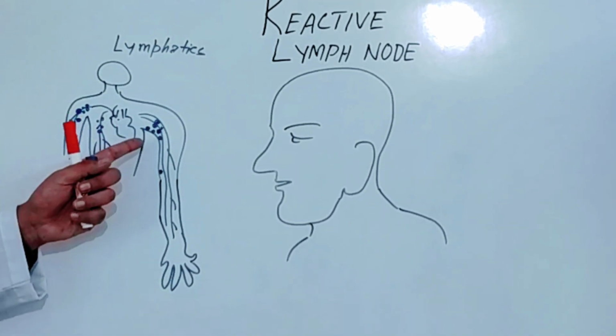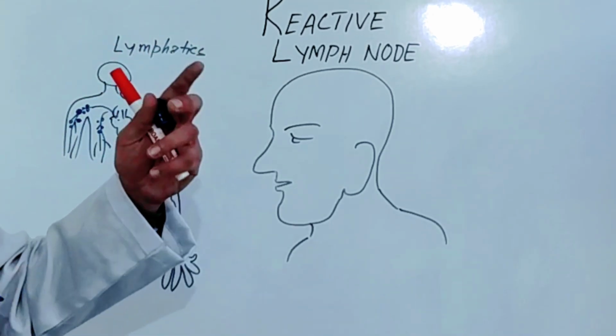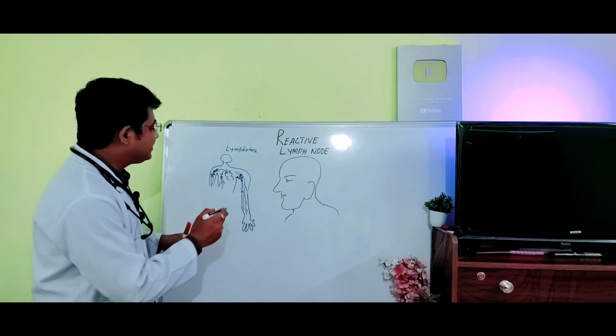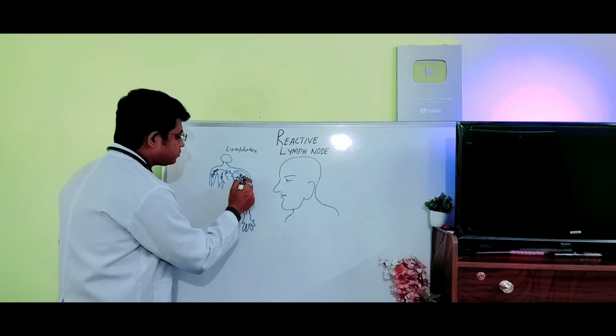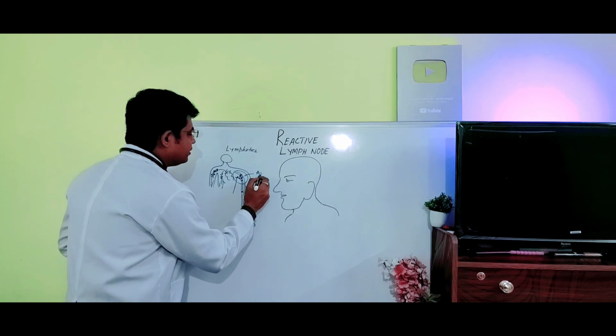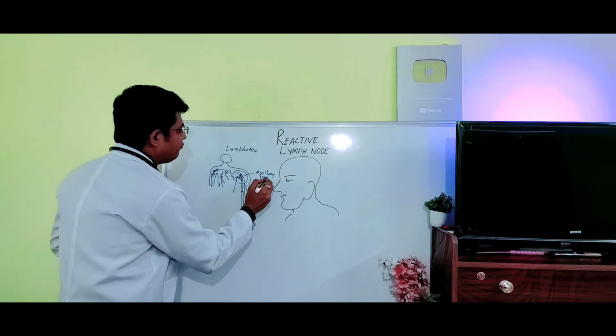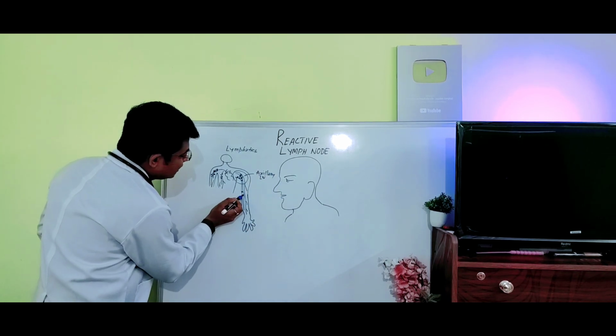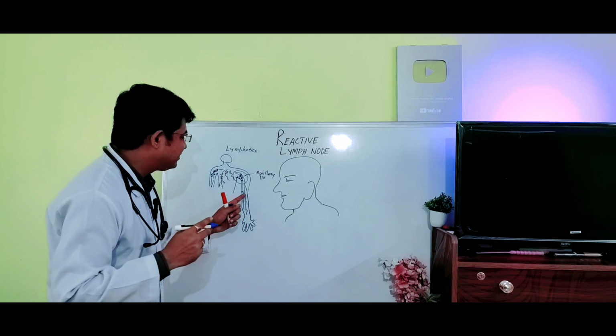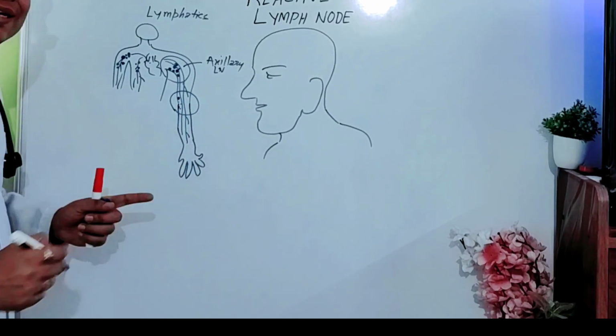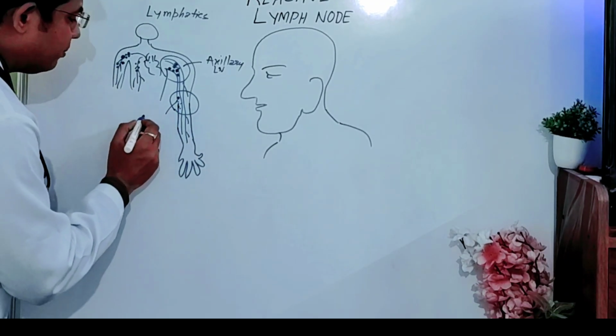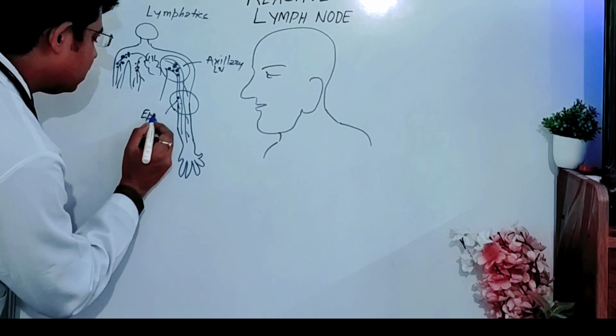The lymph nodes present in the axillary region or underarms are known as the axillary lymph nodes, and some lymph nodes are present in the elbow region. Sometimes they are known as epitrochlear.